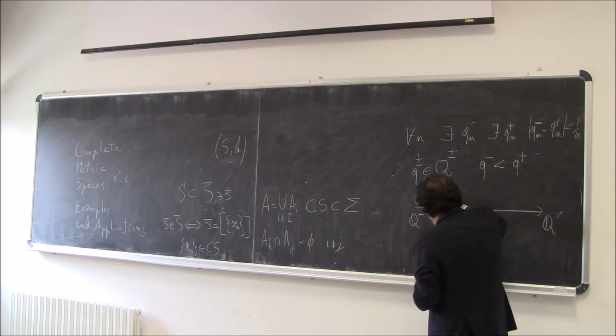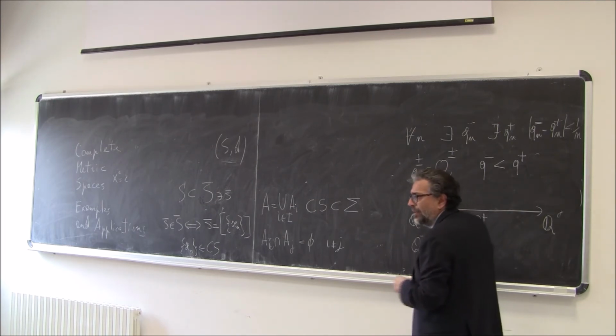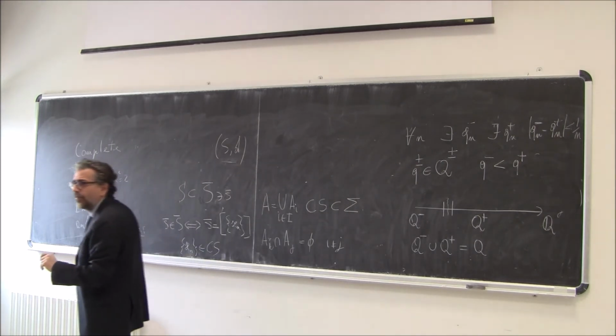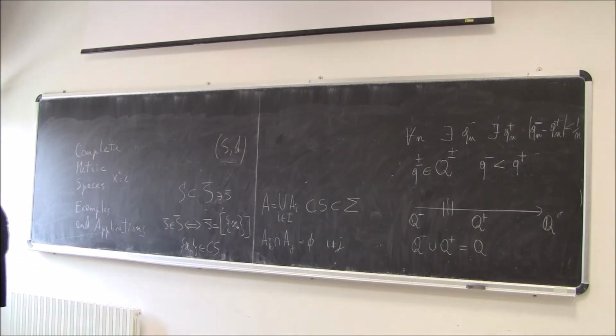So you take a rational number here, another rational number there, and that distance is as small as possible. And you can define the set of all Dedekind sections of Q as the set of real numbers.